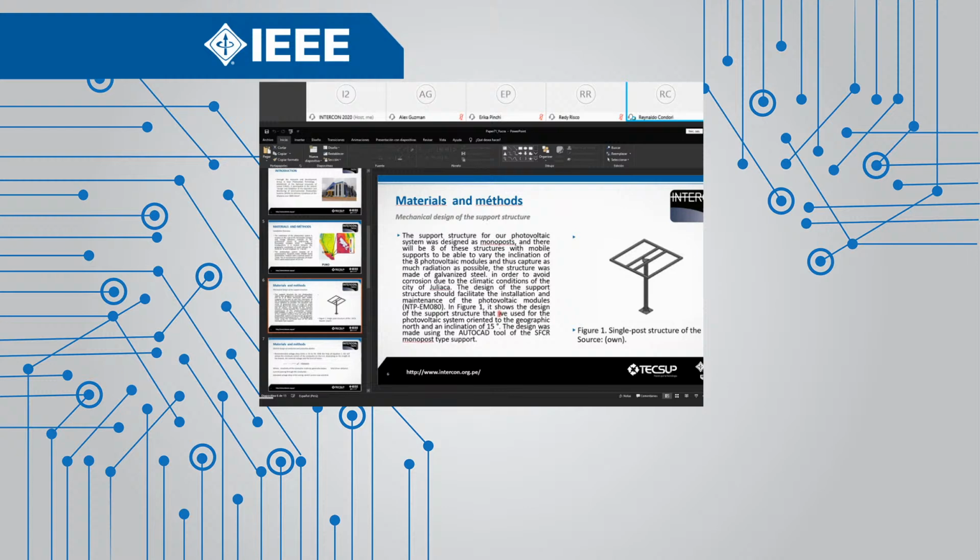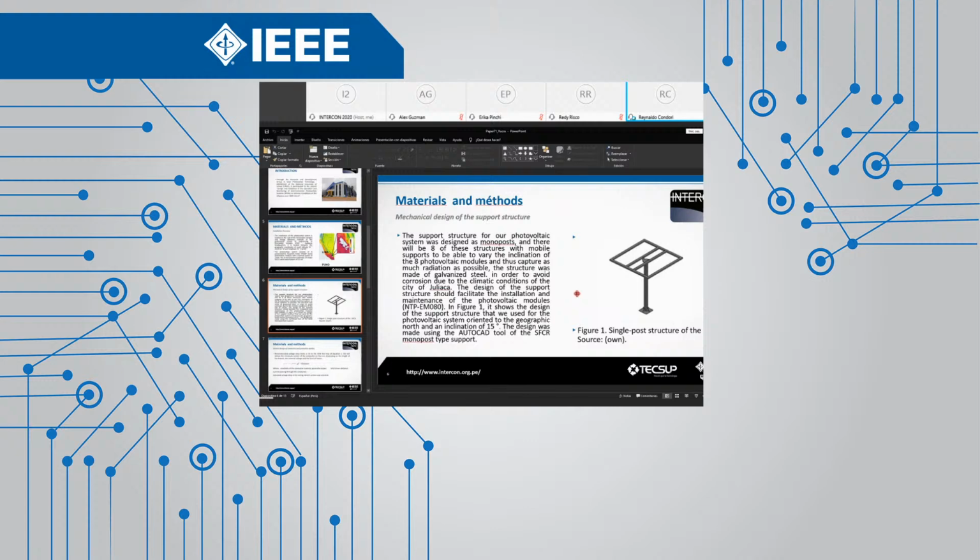The support structure for the photovoltaic system was designed as a monopost, and there will be 8 of these structures with a mobile support, able to vary the inclination of the 8 photovoltaic modules so they capture as much radiation as possible. The structure was made of galvanized steel in order to avoid corrosion due to the climatic conditions of the city of Juliaca, which is very cold.